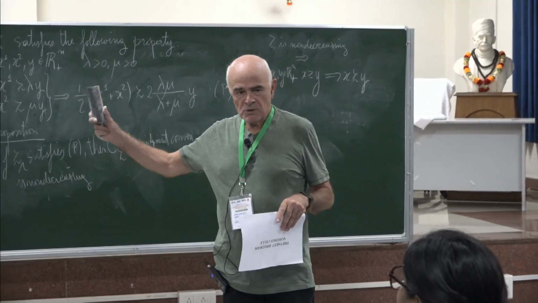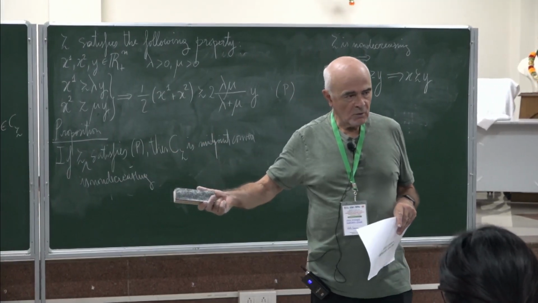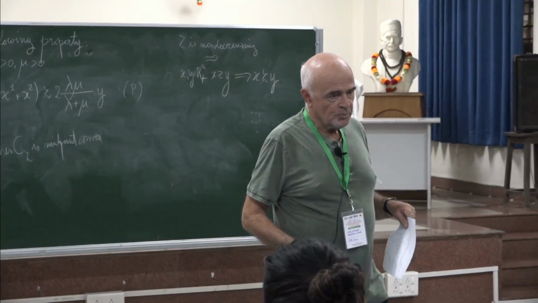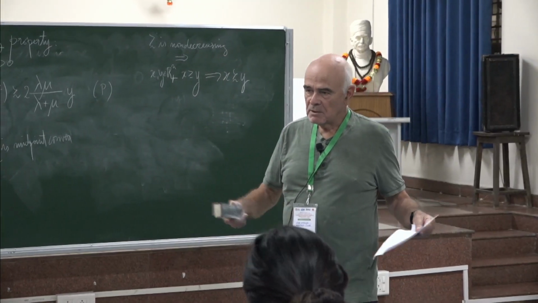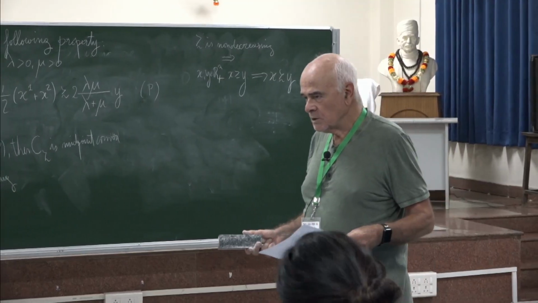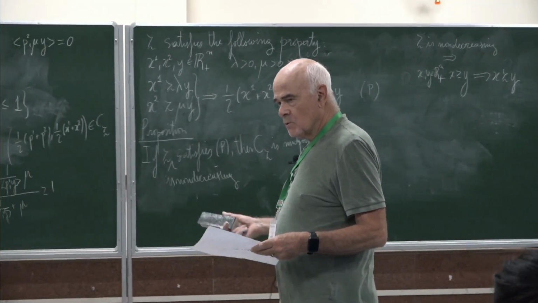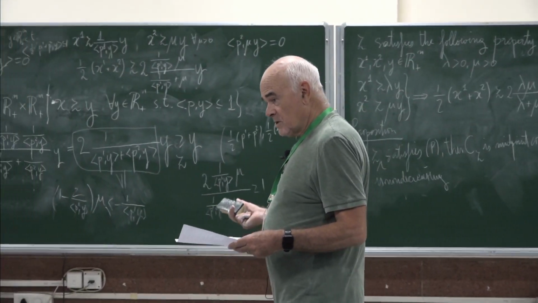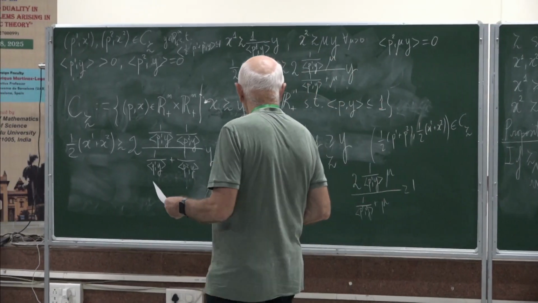Should we try to complete the proof now or together, or do you prefer me to prepare at home and then show you? What is better? We do it now? We try? Okay. Let us see.